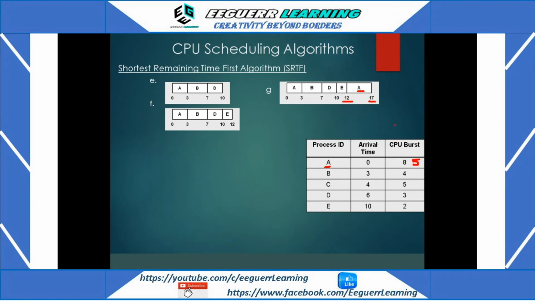The total running time for the CPU scheduling is now 17.